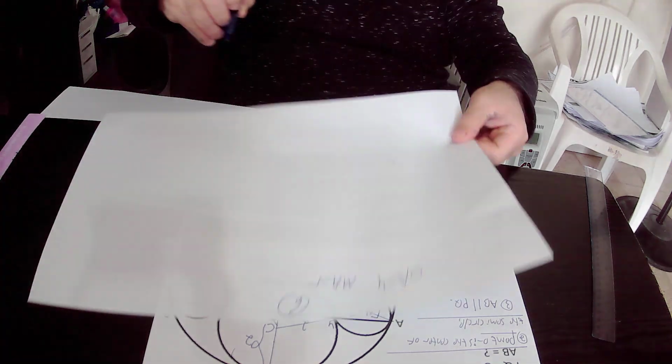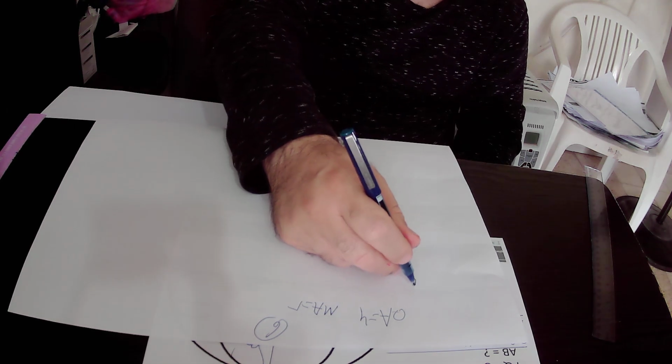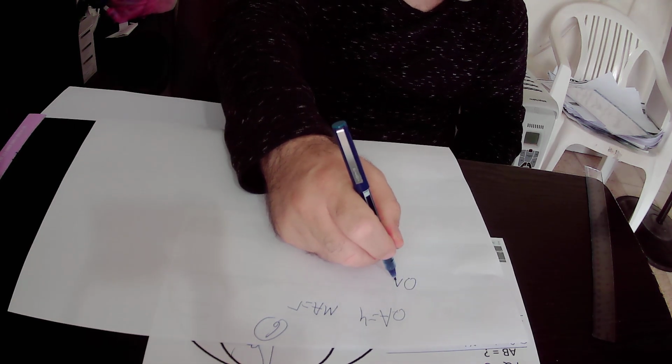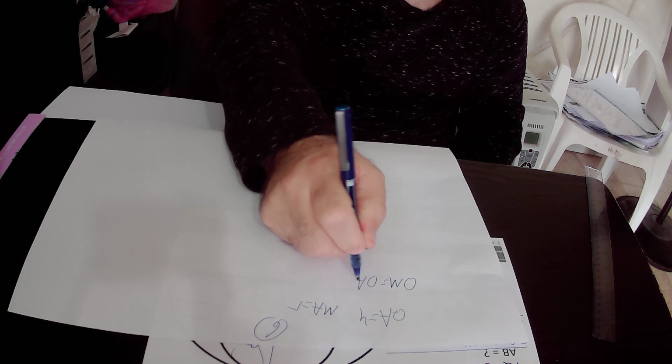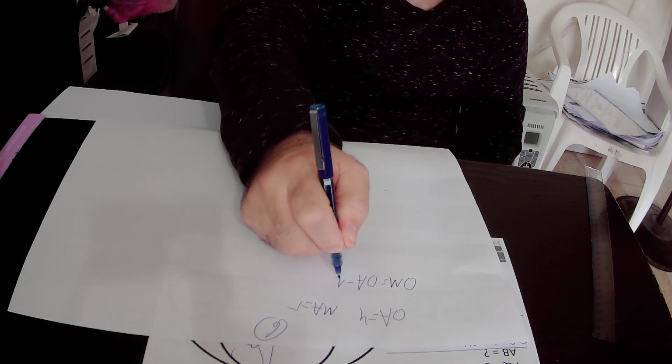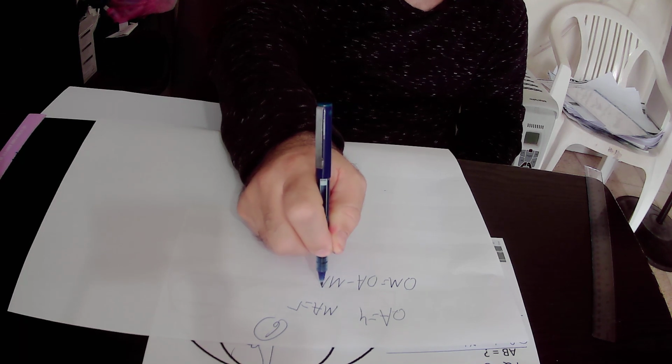So I write it down. OM equals OA, that is the radius of the semicircle, minus MA, that is the radius of the small circle.